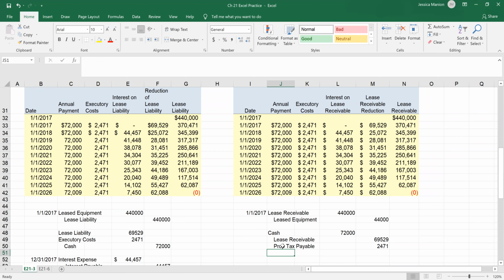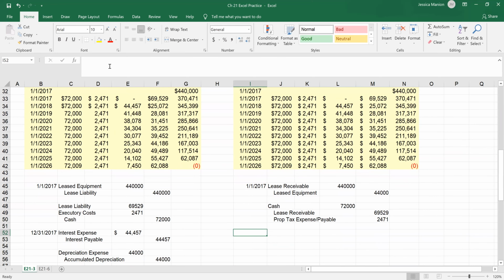Yeah, and in fact, in the book, I'm looking at an example on page 1214, and it says property tax expense / payable. Okay, and then so now on December 31, 17, we have to record the interest revenue that has been earned to that point.